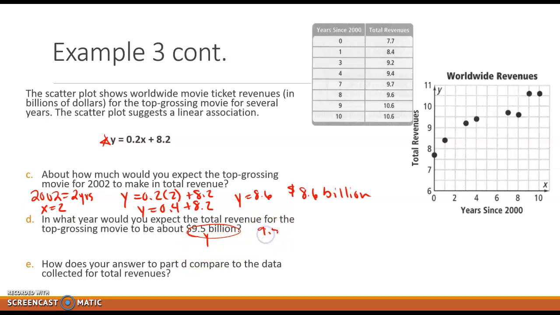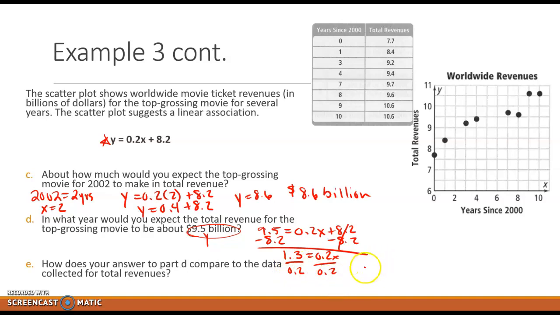So we have 9.5 equals 0.2x plus 8.2. Subtract 8.2. 9.5 minus 8.2 is 1.3 equals 0.2x. We're going to divide by 0.2.